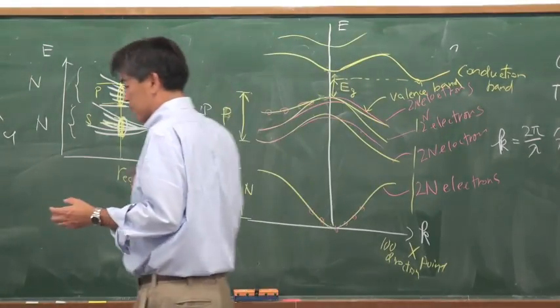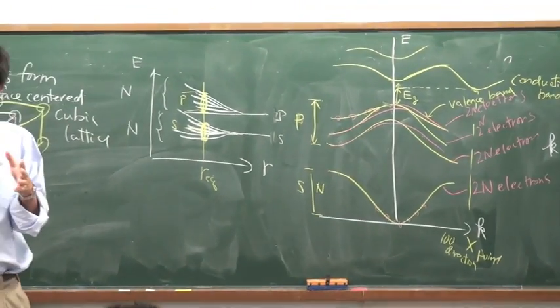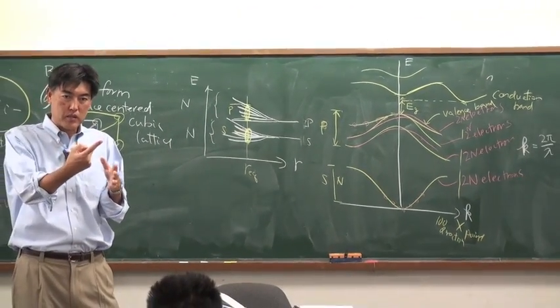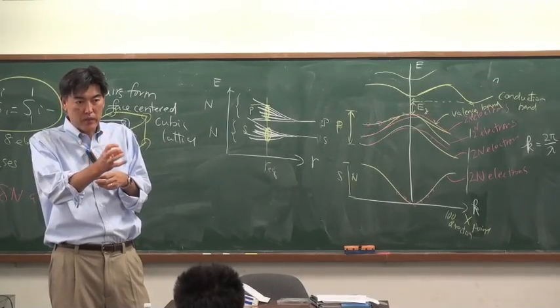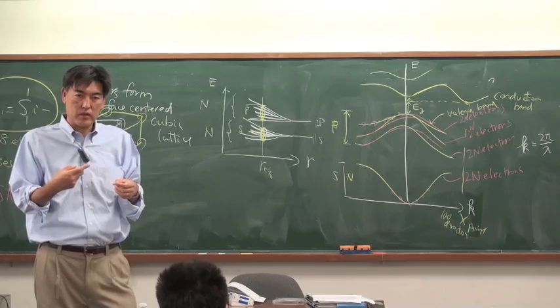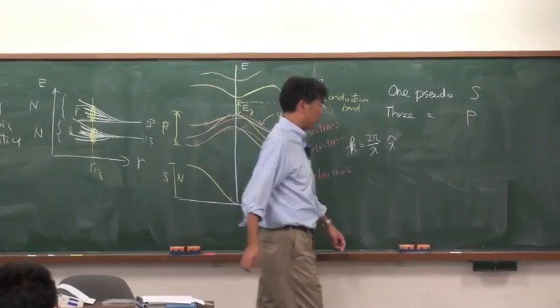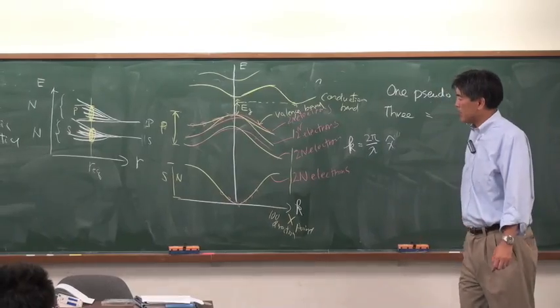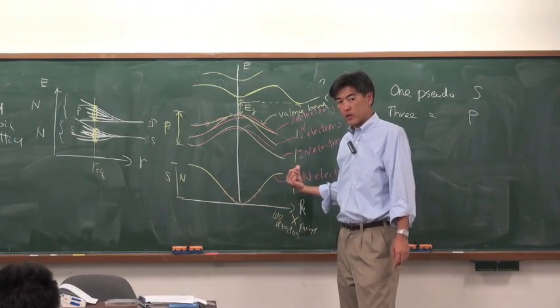And then you think about the difference in periodicity in the 100 direction, 111 direction, and so on, because obviously the periodicity of atoms in different crystallographic directions is different. Therefore, the energy band is different depending on crystallographic orientation.